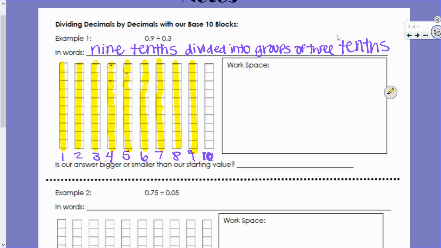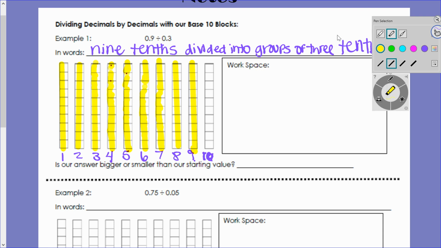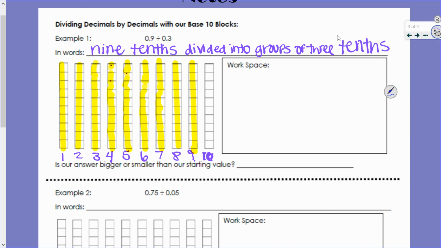Now I want to divide 9/10 into groups of 3/10. To do that, I'm going to look at my model and put bars around that. I have 3/10 right here. This is one group. I have 3/10 right here.